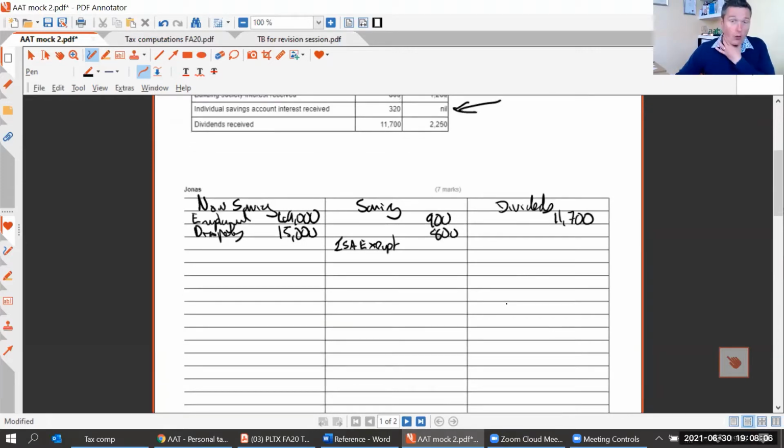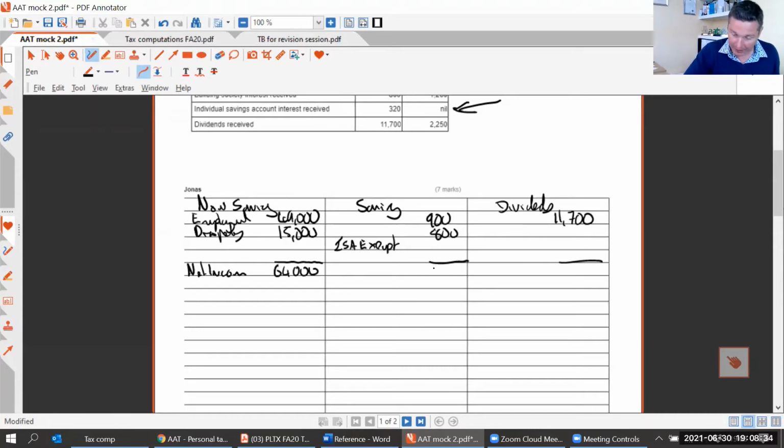So we need to take some subtotals, as you can never take too many subtotals in income tax. And this is going to be our net income. So we've got a total of £49,000 plus £15,000, £64,000.